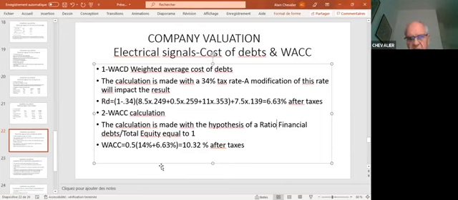Second, we came back to all the debts included in the balance sheet. It means bonds, classical long-dated loans, also leasing contracts, and lastly short-term financial loans.